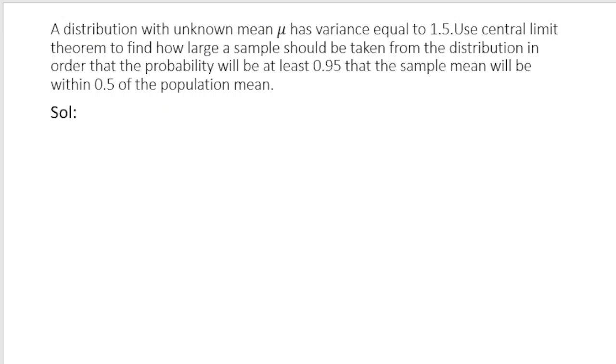Okay, so let us take another interesting problem. A distribution with unknown mean mu has variance equal to 1.5. So let me write the information here. There is a random variable x whose distribution is unknown, but it is given that the expectation or mean is mu, which is unknown, and the variance of x is given to be 1.5.